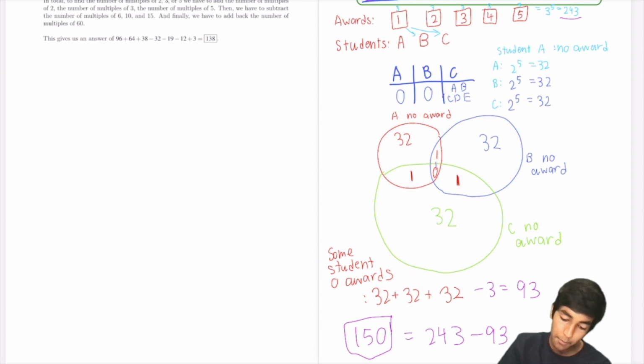But there's some overlap where both A and B didn't get an award, B and C didn't get an award, and A and C didn't get an award. So we subtracted that overlap. So 93 is the total number of ways where there's a student who does not get any awards. And then we did complementary counting, so 243 minus 93, 150. So this was a good example where we combined complementary counting and PIE.